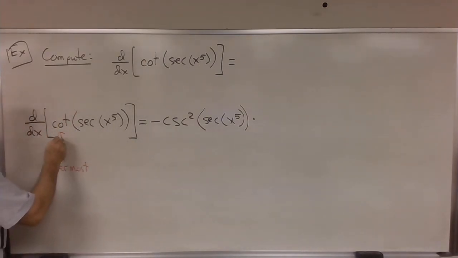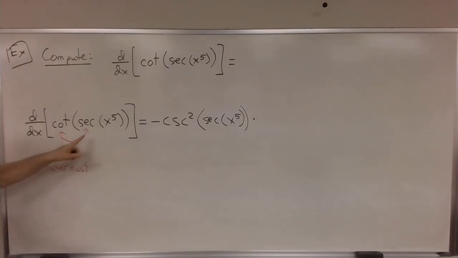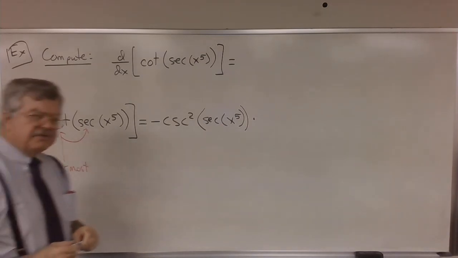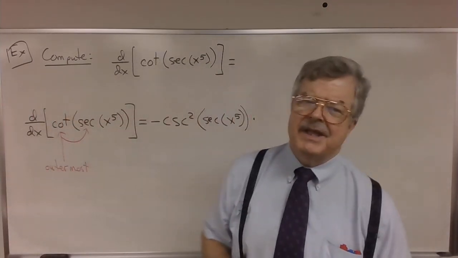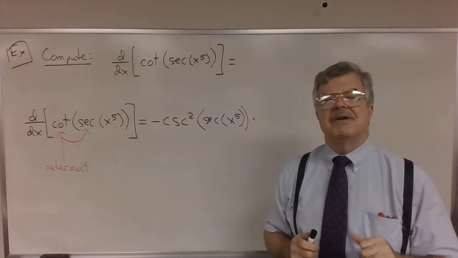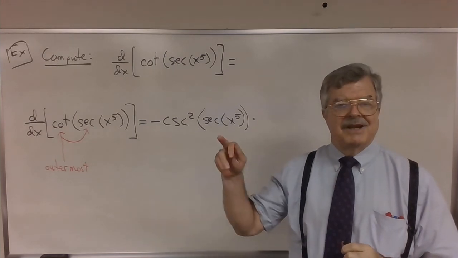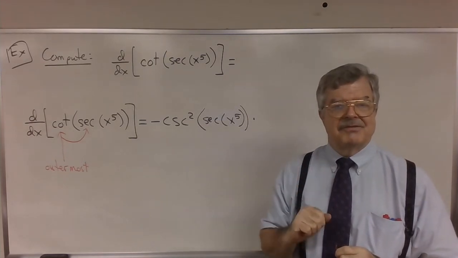We have the derivative of the outermost function evaluated at everything inside. So now we move in one layer to the next outermost function. And we have the derivative of secant of something evaluated at everything inside of it. What's the derivative of secant of something? We'll make it easy. What's the derivative of secant of x? Secant of x times tangent of x.